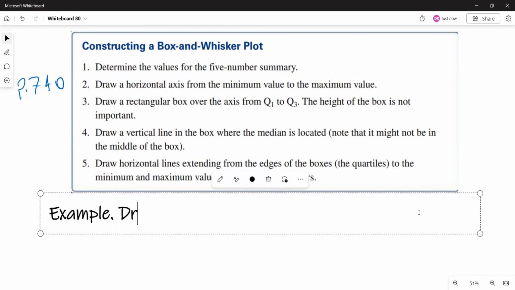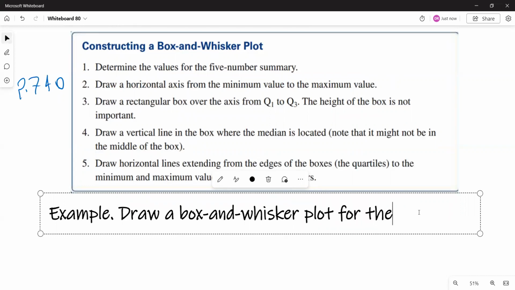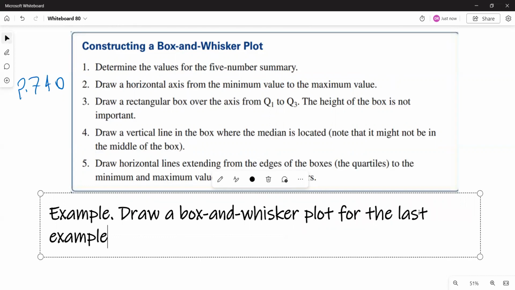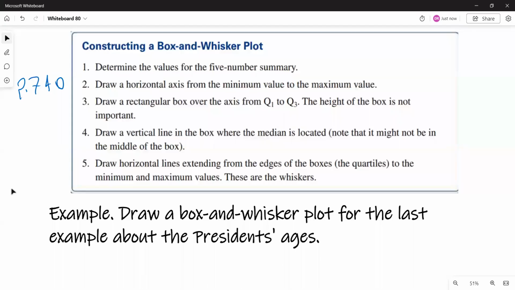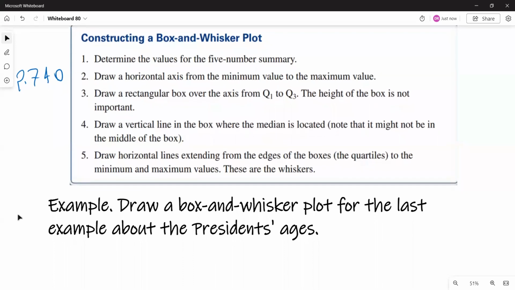We are going to draw a box and whisker plot for the last example about the presidents' ages. Okay, so good thing we already have the five number summary.